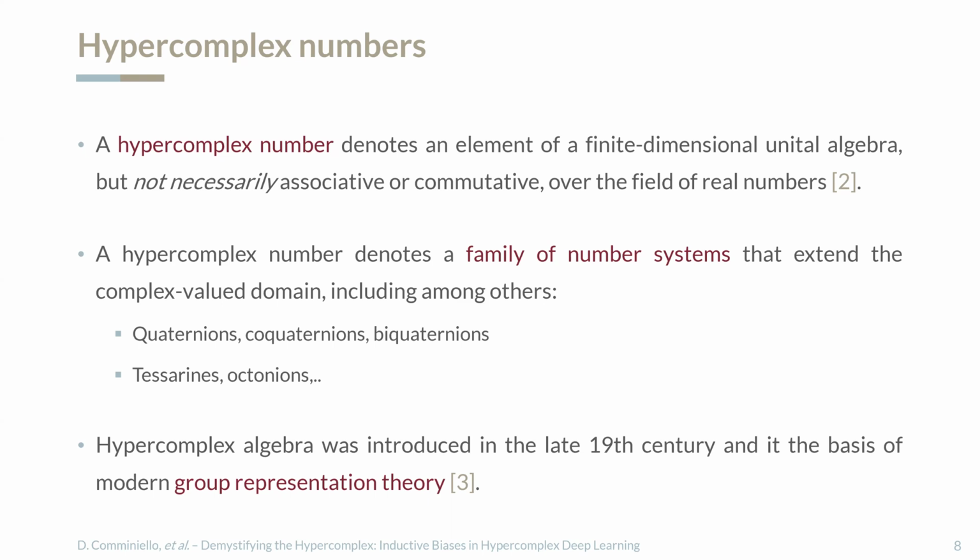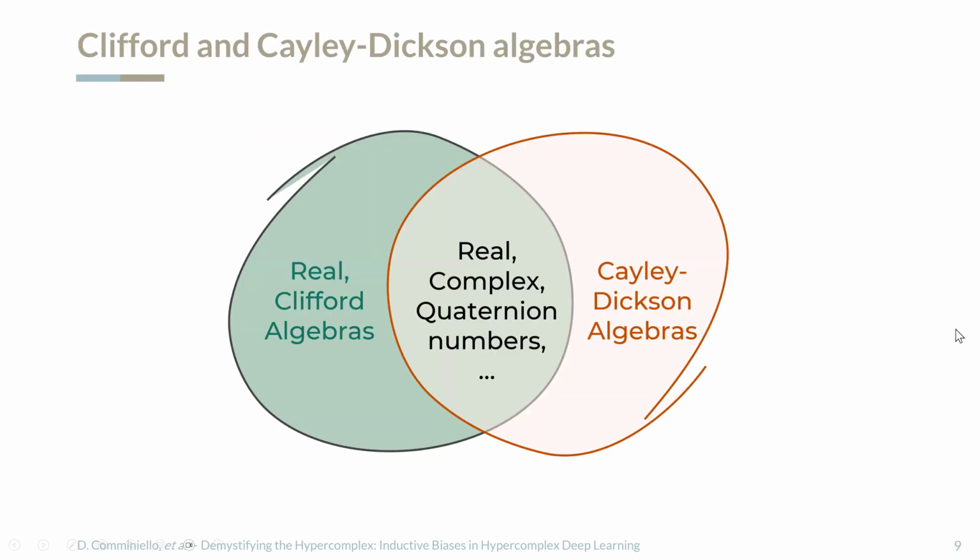Hypercomplex algebra was introduced in the late 19th century. It is at the base of the group representation theory. And it comes from what is defined as the Clifford and the Cayley-Dickson algebra. Especially from the Cayley-Dickson algebra, we can find some good initial properties.